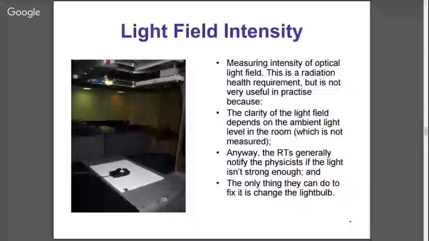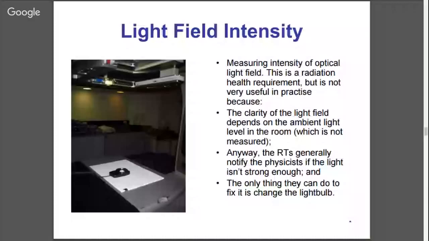The light field intensity is really something which is required, but it's not particularly useful in practice. Obviously, the clarity of the light field is going to depend on the ambient light level in the room, so if you have the lights dimmed or up, it's going to affect that. You can use this sort of intensity meter to check the intensity of the light field.